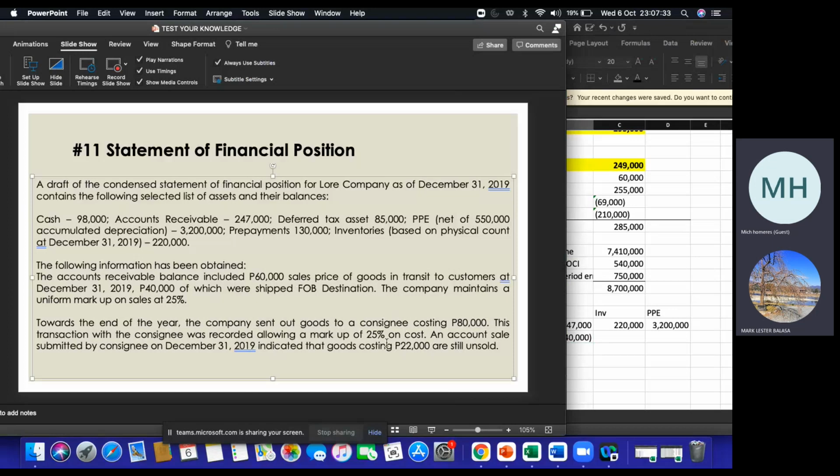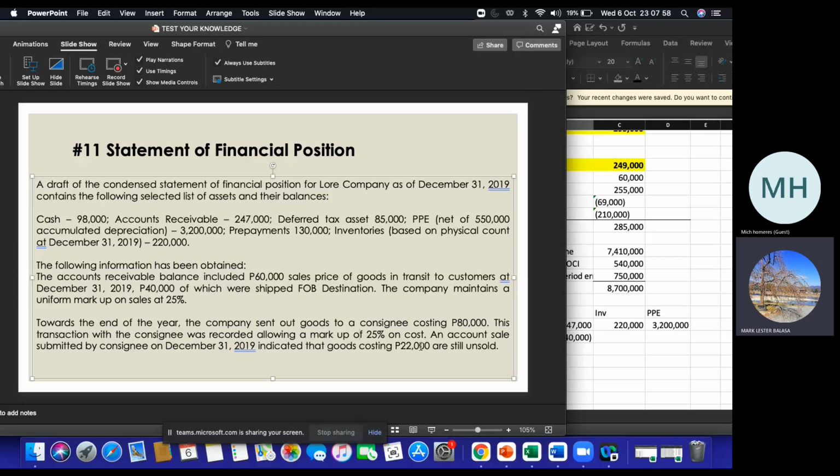Nagets mo yun? 22,000 times 1.25. Kasi ang nangyari dito, kumbaga consignor tayo tapos naglabas ng goods costing 800,000. Tapos ang nangyari, nag-record na agad tayo kasi nag-submit yung consignee.